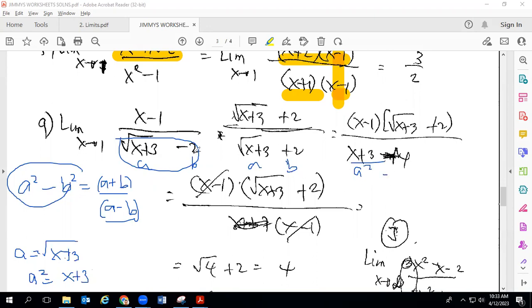What is b? It is 2. Minus b squared is minus 4. Plus 3 and minus 4 will give you minus 1. Here, when you multiply this one, you distribute, and then x minus 1 will just cancel out. Then you have this as your remaining value.